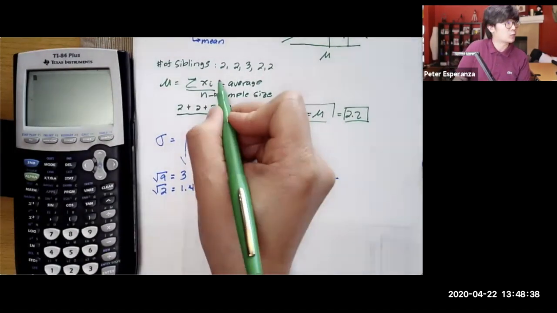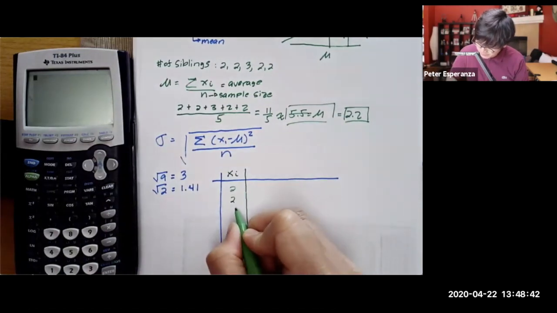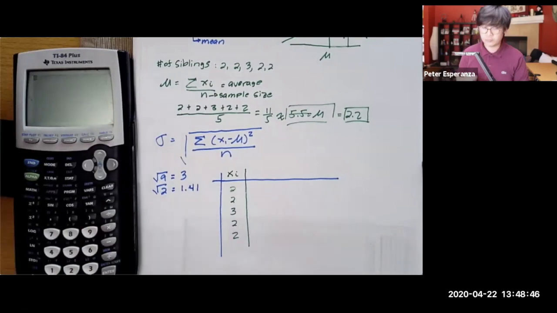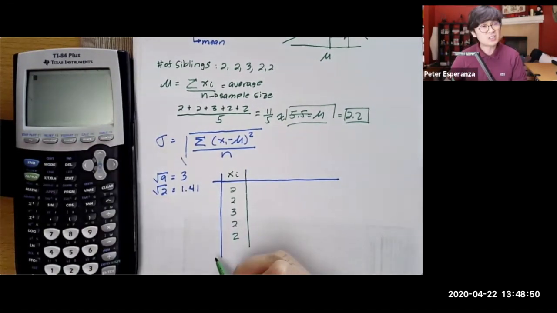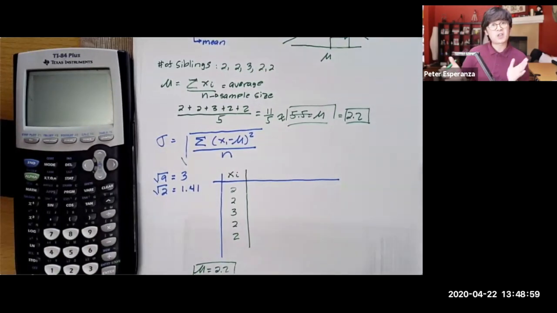The given values we're using are the number of siblings: 2, 2, 3, 2, 2. All right, so that's our x sub i. And let's write down our mean right here, which is 2.2, so that we can see it and access it easily.